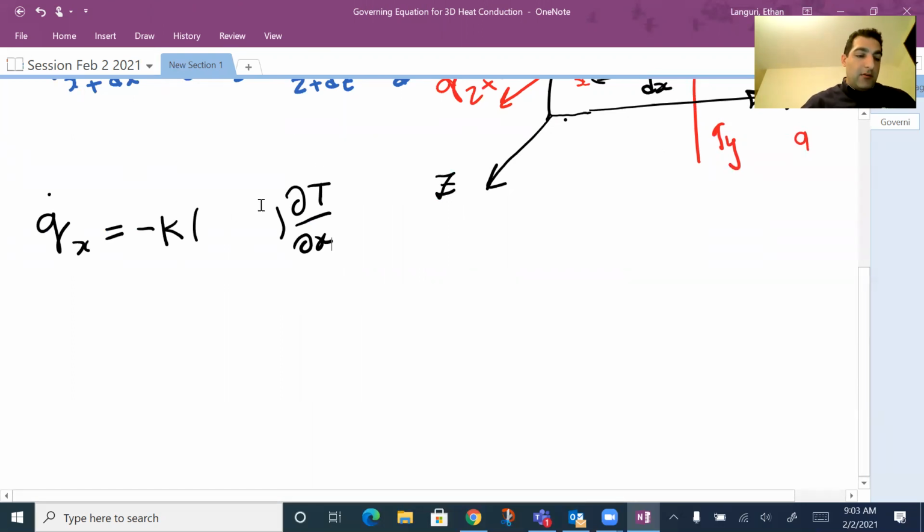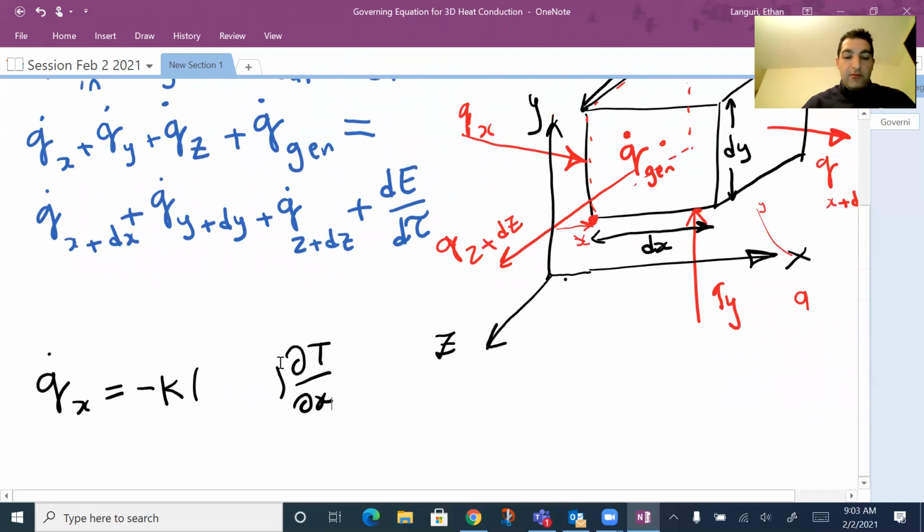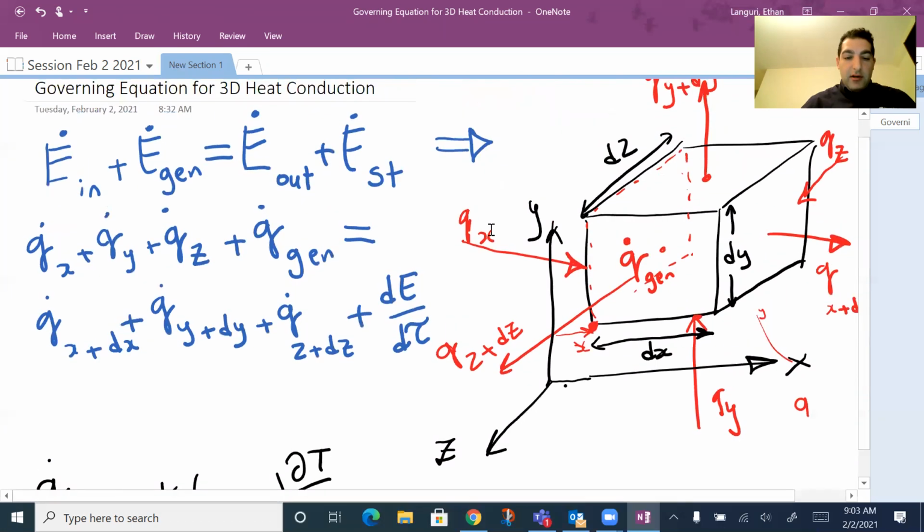So I left the area blank, but let's see what is my area in this case. What is the area that Qx is crossing? That's the question. So Qx comes in, and the area that Qx is crossing is nothing but dz times dy. So this is the area that I'm showing right now.